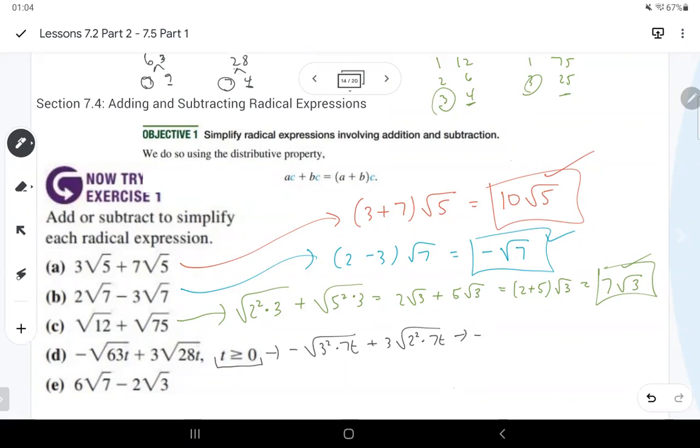So -3 square root of 7t plus 3 times the 2 square root of 7t. So that's going to give you -3 square root of 7t plus 6 square root of 7t, which is then going to be -3 plus 6 square root of 7t, which is 3 square root of 7t.